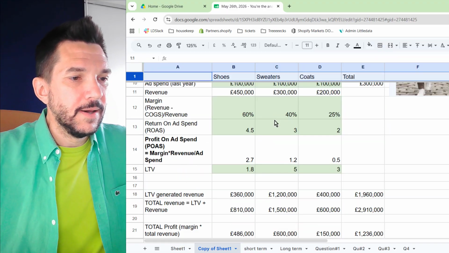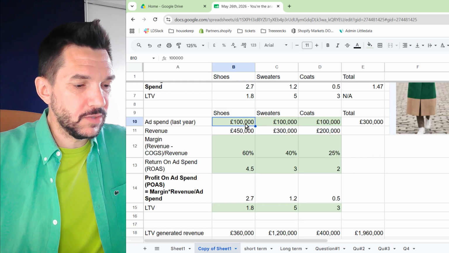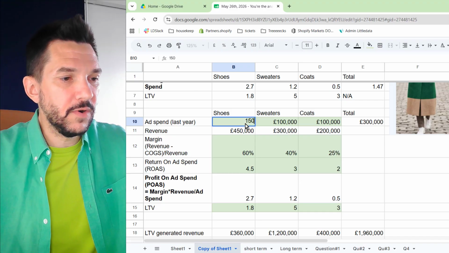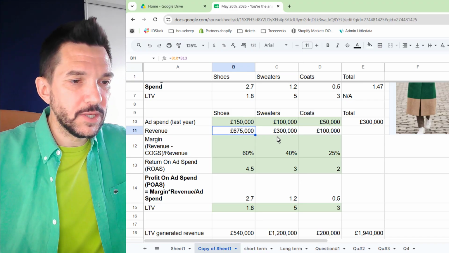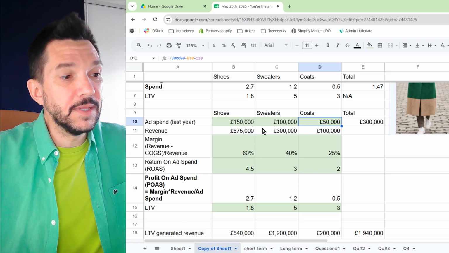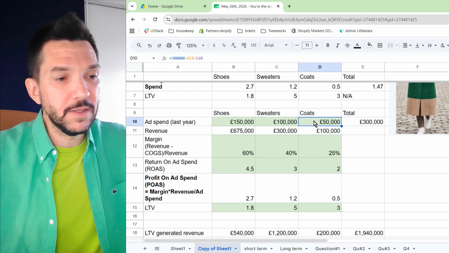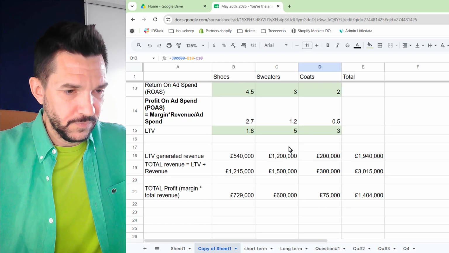So going back, now that we see how these different budgets work, for example, I put 150,000 here. As you will see, this one is actually calculated because it will take the entire 300,000 and then subtract both of these from it, and what's left is for coats.